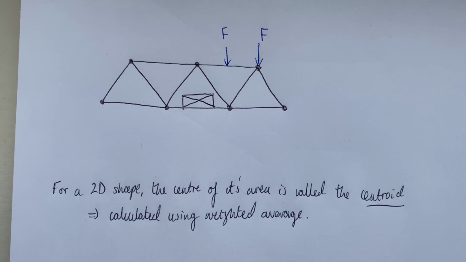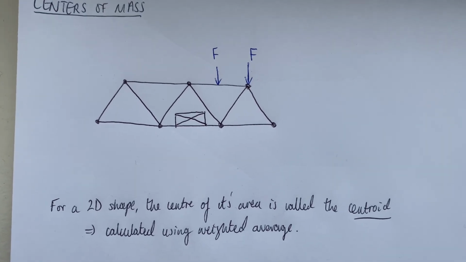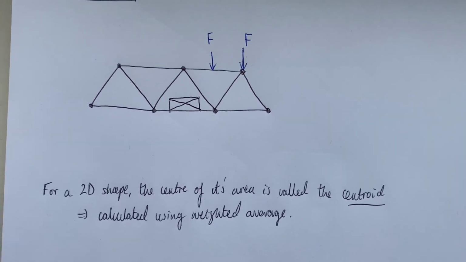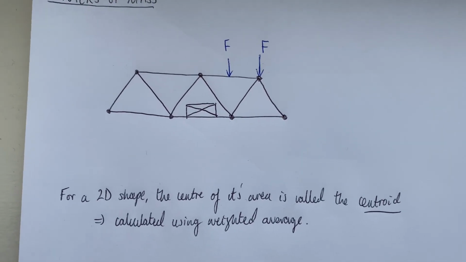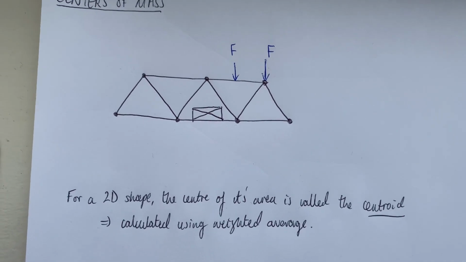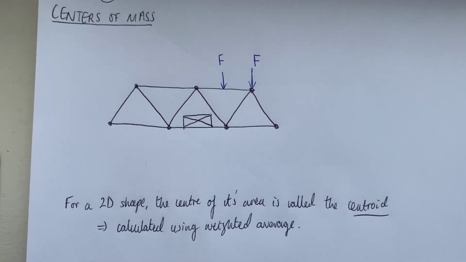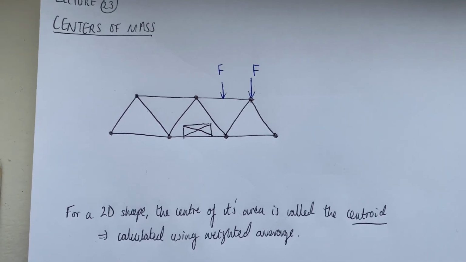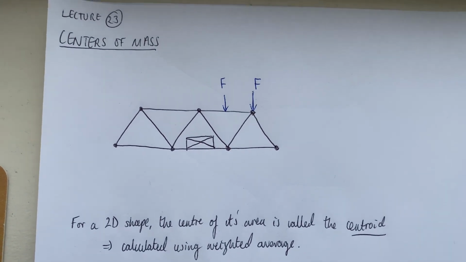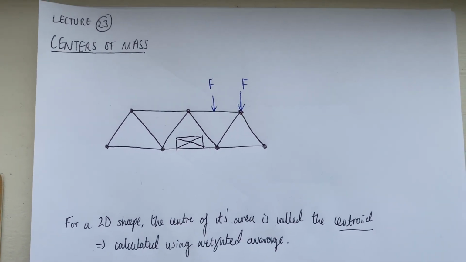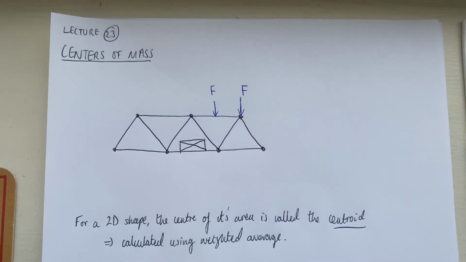So what we do is we take a more complex shape, we split it up into smaller pieces of shapes that we know how to deal with, like squares and rectangles. We find the center of mass of each of those smaller pieces, and then we average the relative position of those centers of mass to find the center of mass of the total shape.